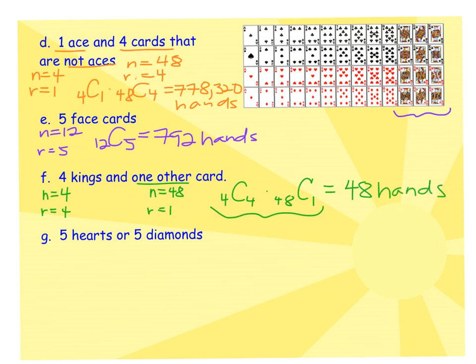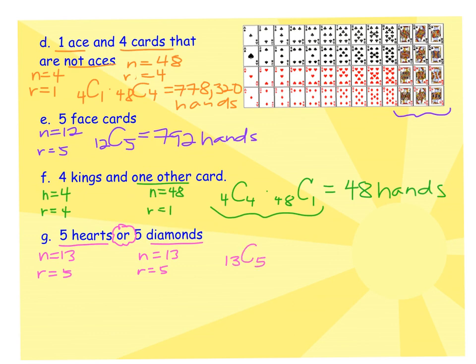Last one. 5 hearts or 5 diamonds. Well, if we just split this up into one at a time, if there are hearts only, there are 13 hearts in the deck, and we would want all 5 of them in our hand. But for diamonds, it's the same rule. There are 13 total, and we want all 5 of them to be diamonds. To figure this one out, the word or means we're going to combine them differently. If we have 13C5, that's all your hand can have.